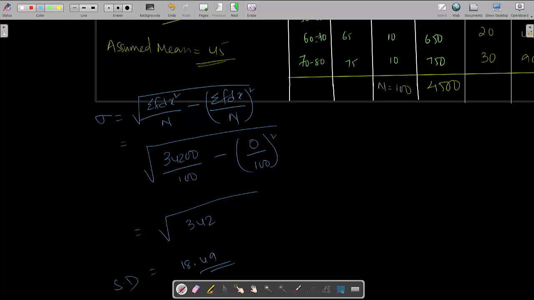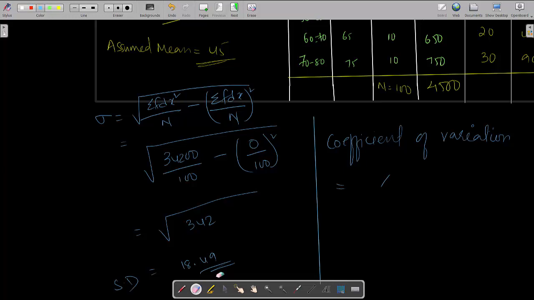Now we are also asked to find the coefficient of variation. So coefficient of variation is equal to the standard deviation divided by the mean. Our standard deviation is 18.49. Our mean value is 45.